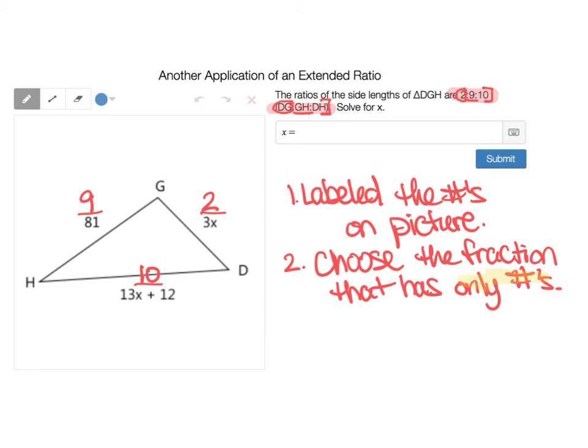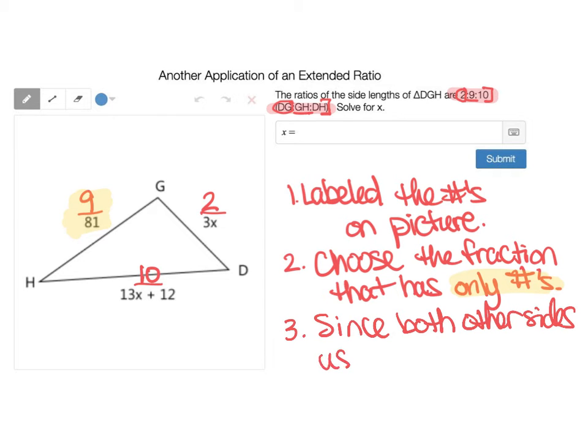So in this case, that's this 9 over 81. And then our third step, since both other sides use x, choose whichever's easiest.